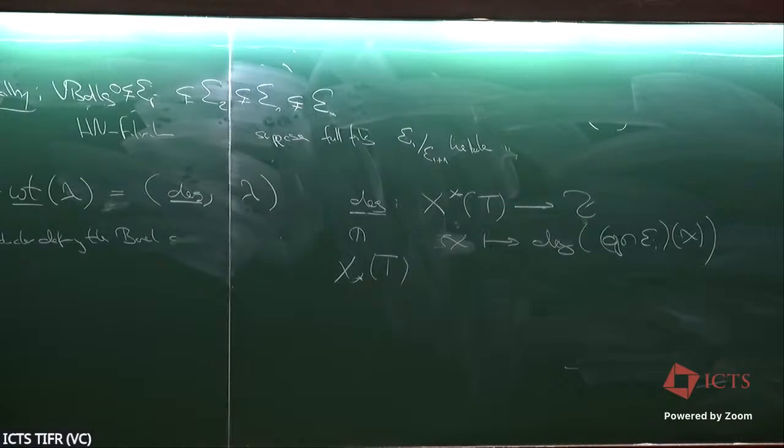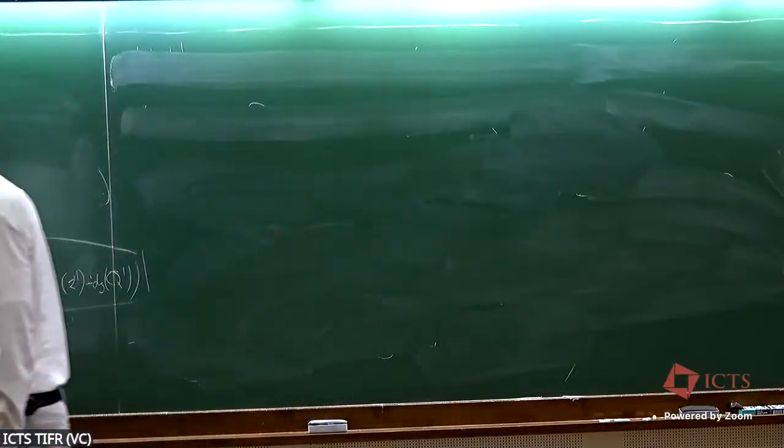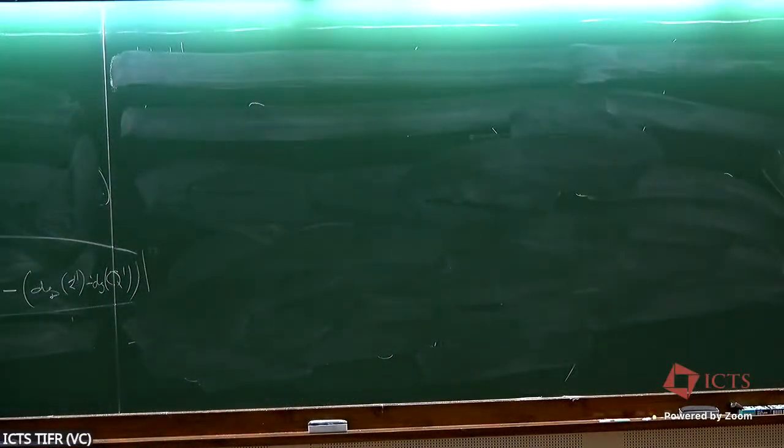Okay, suppose you give me 2 reductions. This is a choice of 2 parabolics in G, and any 2 parabolics share a common torus.